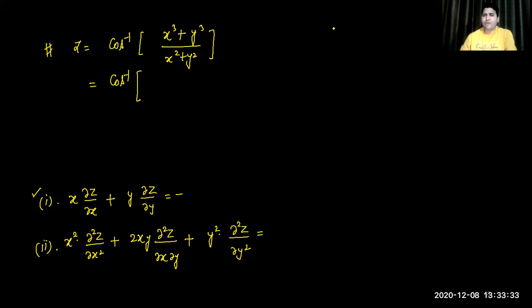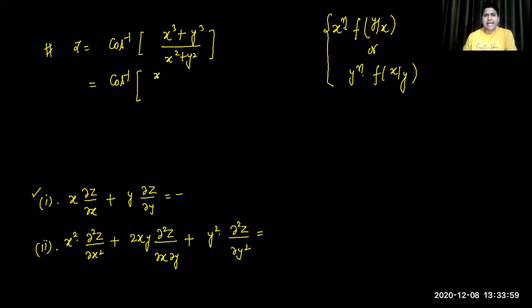What is the standard form of a homogeneous function? Either it should be written as x power n into a function of y over x, or y power n into a function of x over y. If the function is reduced to either of these two forms, then it is said to be a homogeneous function of degree n. So let us try to do it.